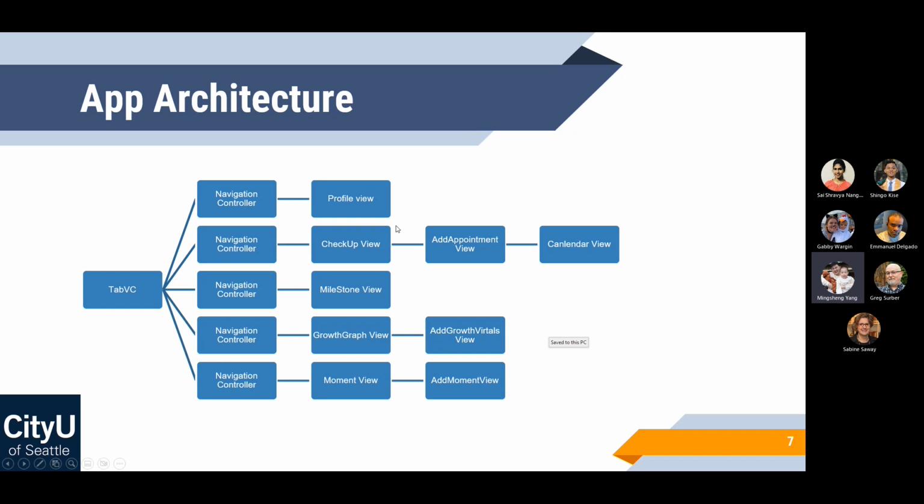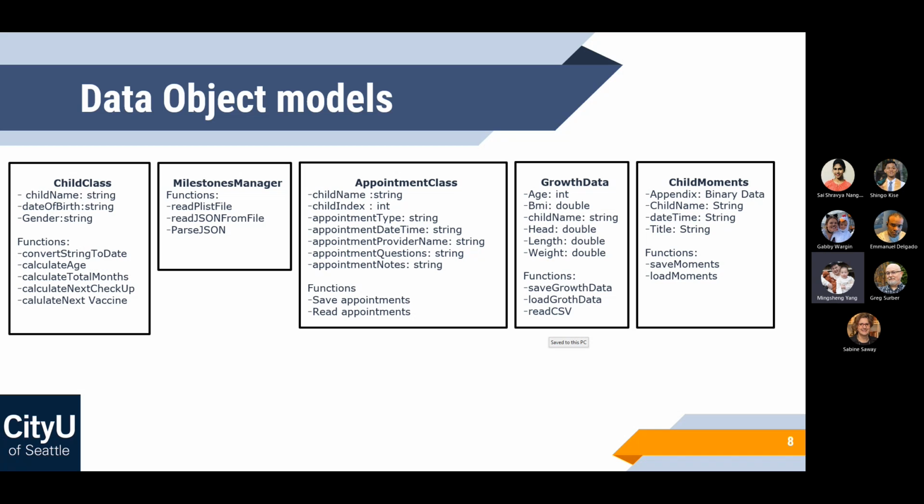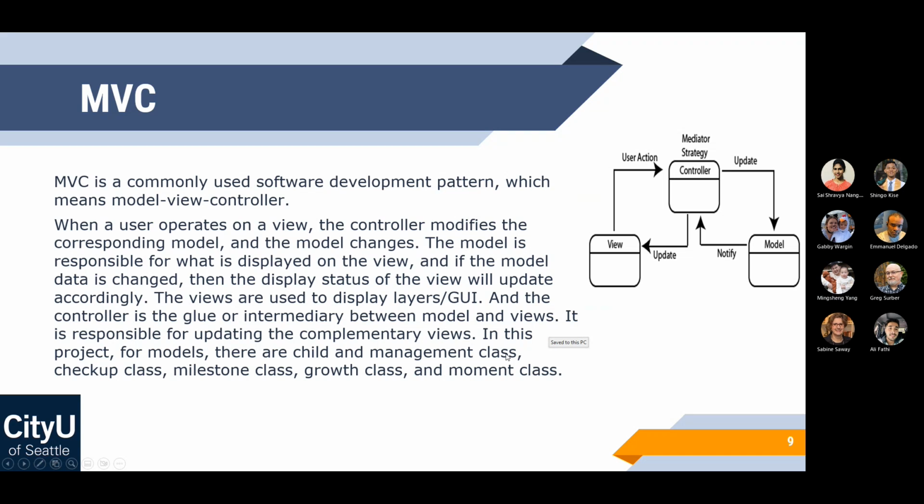So this will be more flexible for the application. This shows the object models of my application based on the use cases. Program classes are identified. That is the child class, the milestone manager, appointment class, the growth data, and child moments.